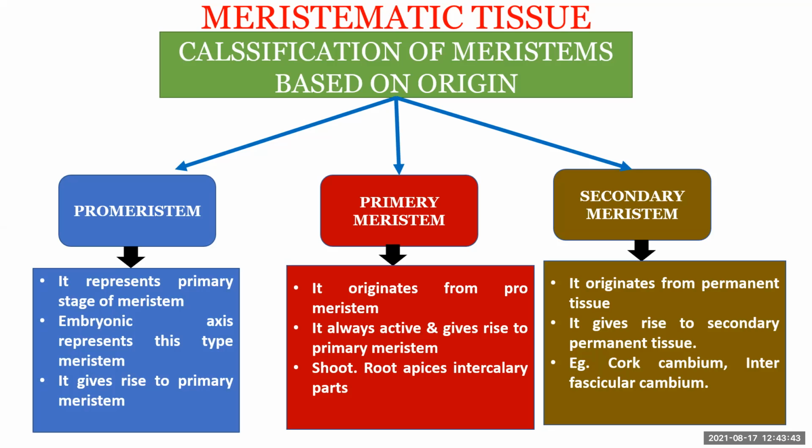Whereas in dicots, primary branches, secondary branches, tertiary branches, and so on, are developed on the main trunk or axis. In order to bear the increased weight of these branches, secondary growth is needed. So that is the reason why secondary growth occurs in dicot stems.